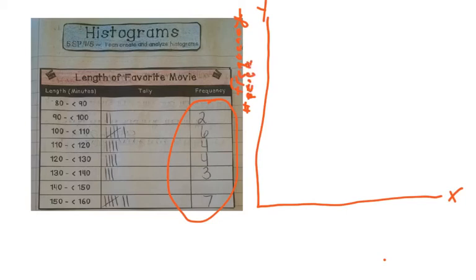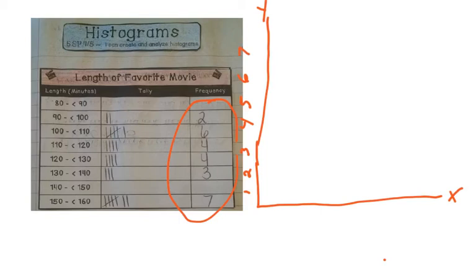And you can see that our frequency goes from 2 to 7. So I'm going to go by ones. This is going to be 1, 2. I'm going to back this up a little bit. 3, 4, 5, 6, 7. Okay.